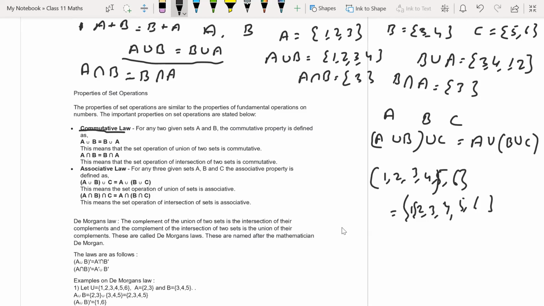Operations of union of sets is also associative, and operations of intersection of sets is also associative. It means that set operations of union and intersection are commutative as well as associative in nature.